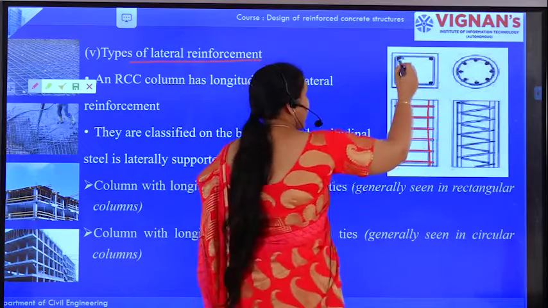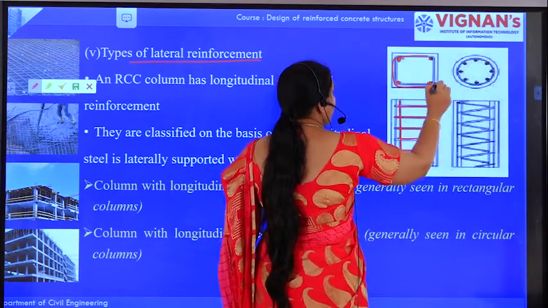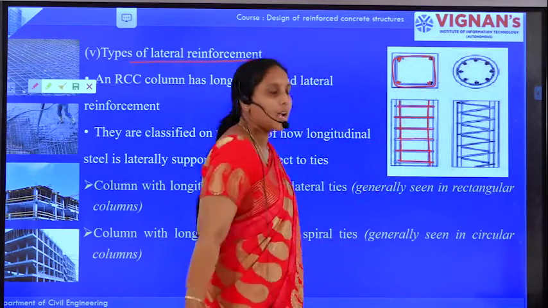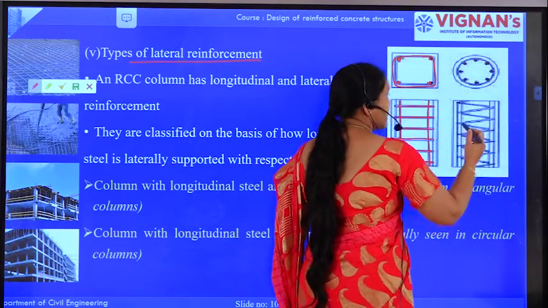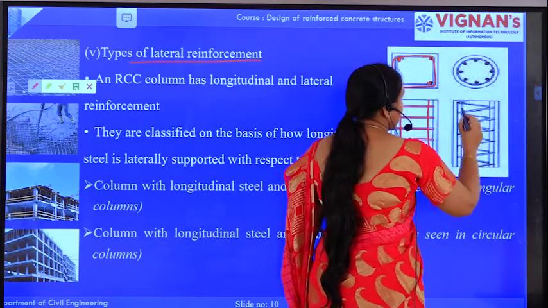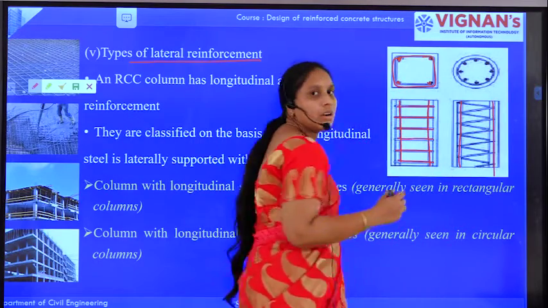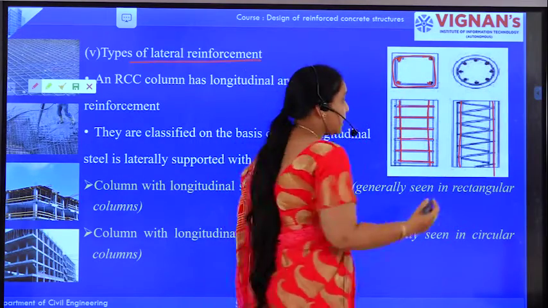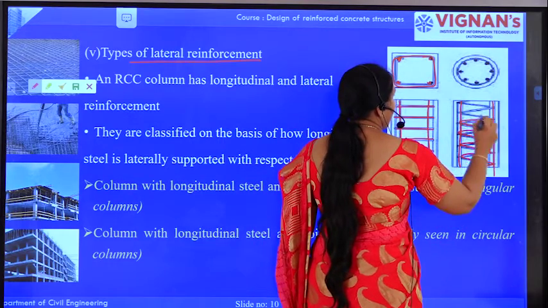So this is the plan. You can see you have 4 bars here, and these are the lateral ties. This is for a rectangular column. In a similar way, this is for a circular column. In the circular column, these are the main longitudinal reinforcement, and here the lateral ties are provided as spiral ties.